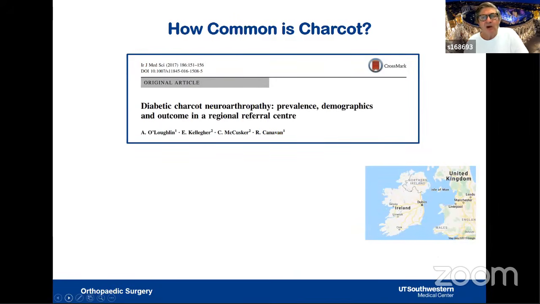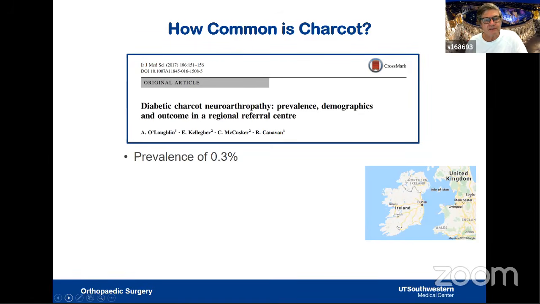So getting back to how common is Charcot, one of the best studies that I was able to come up with is from Ireland. And they looked at the prevalence, demographics, and outcomes in a regional referral center. This is a good study because there's a National Health Service there and they can track all of their patients. What they found was that in their center, the prevalence was 0.3% of all patients with diabetes.